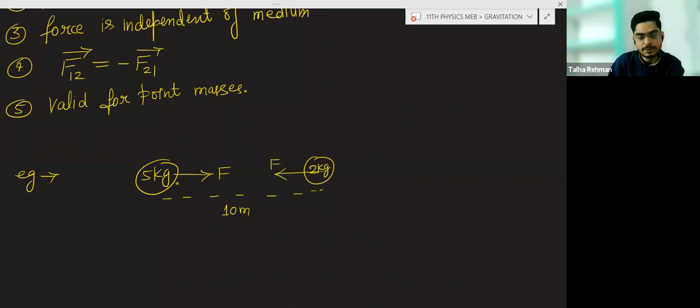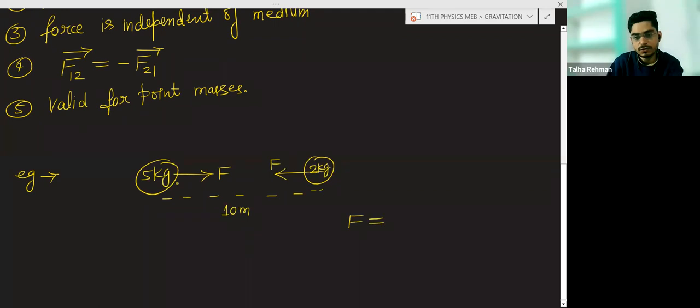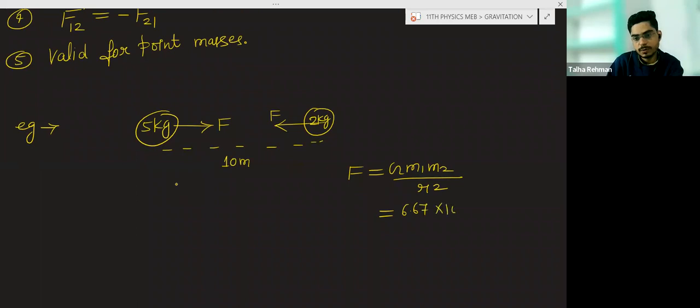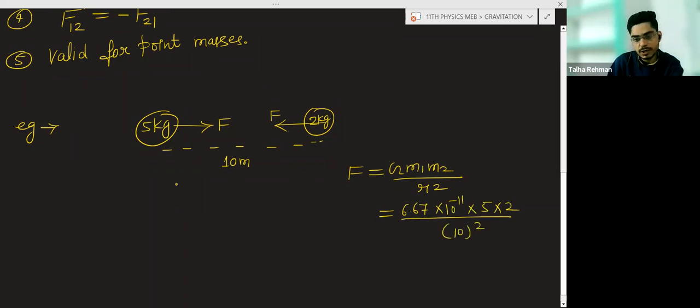F is equal to G m1 m2 divided by R square. So G is 6.67 into 10 to the power minus 11, m1 is 5, m2 is 2, R square means 10 square. And you will get the value in Newton, the SI unit of force.